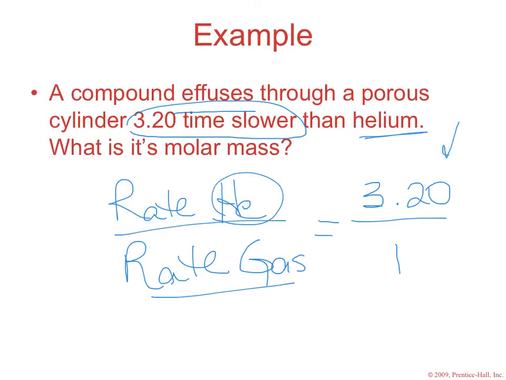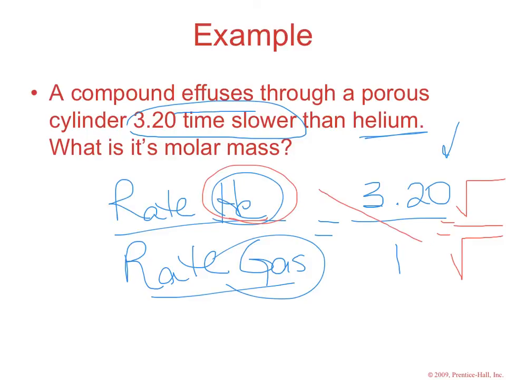What is the molar mass of the unknown gas? Well, what do we know about the rates? We know that the rates are inversely proportional to the square root of the molar mass. Helium's on top here, so I need the molar mass of helium on the bottom. It's 4. I don't know the molar mass of the unknown gas.